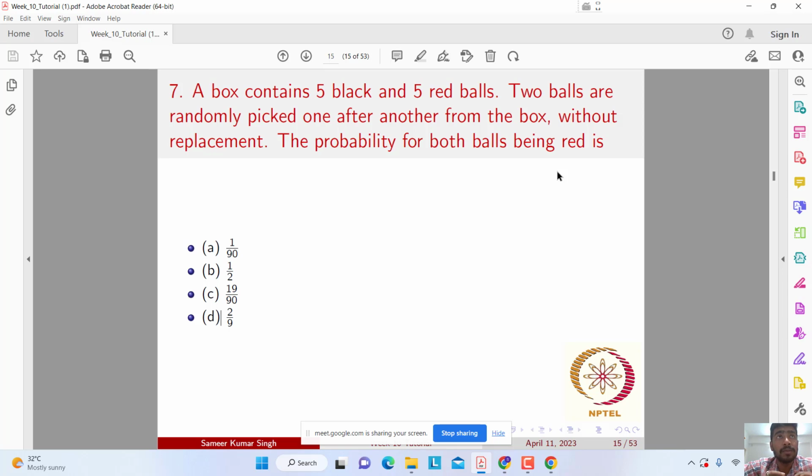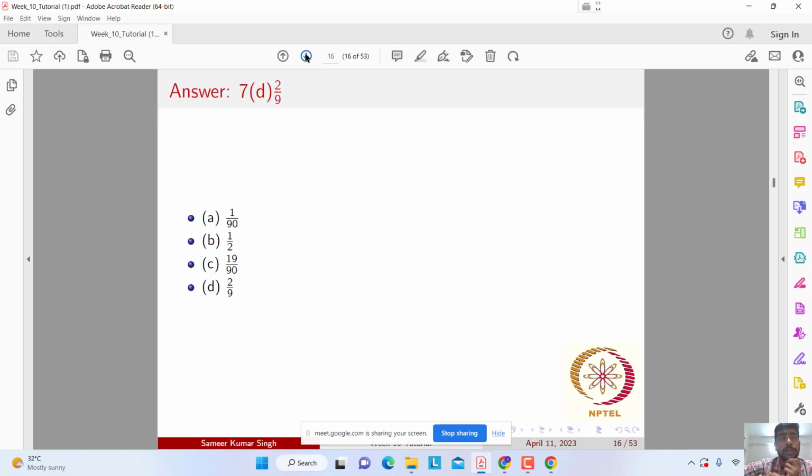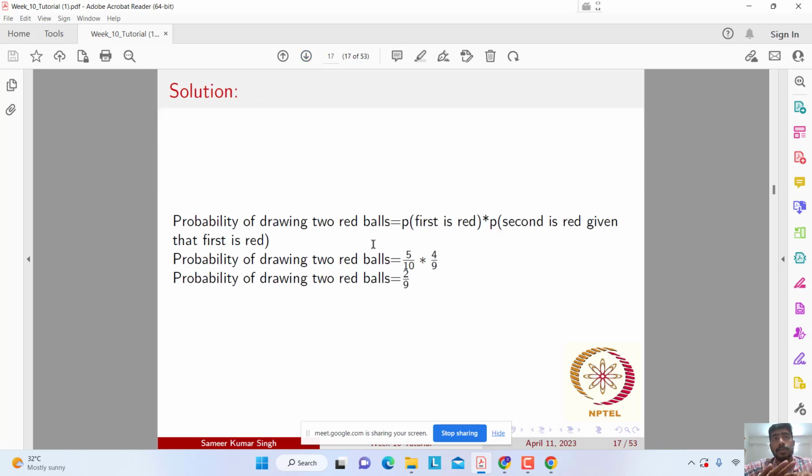Is there any doubt for anyone? Okay, we will go to the solution. Answer will be 2 by 9. That is the explanation. So according to the question, the probability of drawing two red balls: first the red and second the red, given that first is red. So probability of the first ball being red is 5 by 10. Second is red, given that first is red, so it will be 4 by 9.